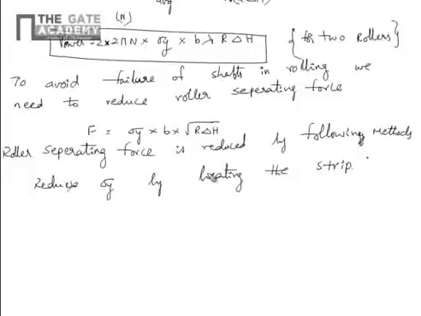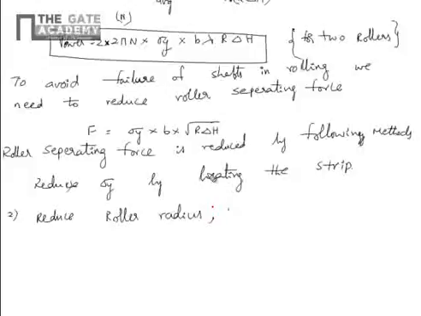If you heat the material, the yield point will come down. Next, the roller radius, that is, reduce the size of the rollers. How much to reduce, we will discuss in the next topic.